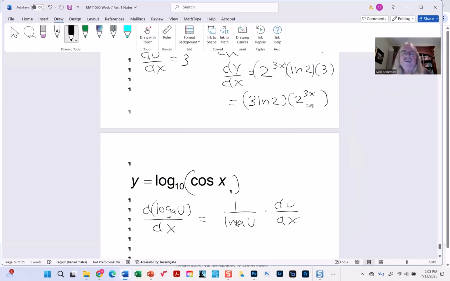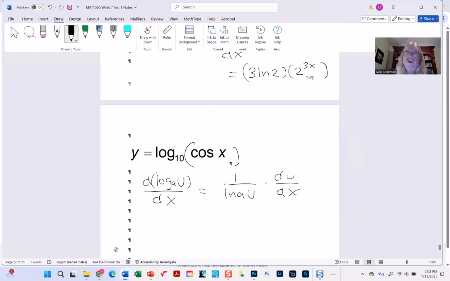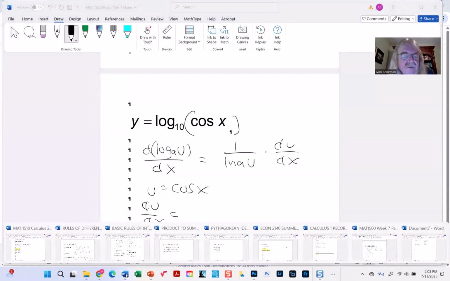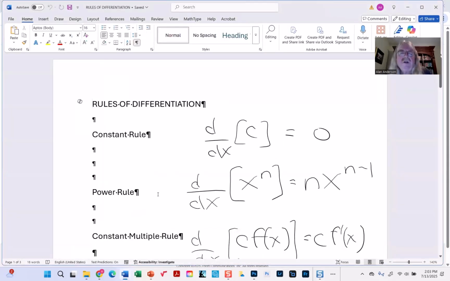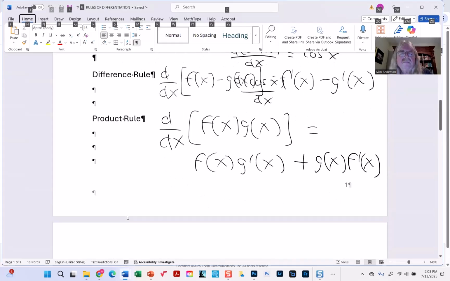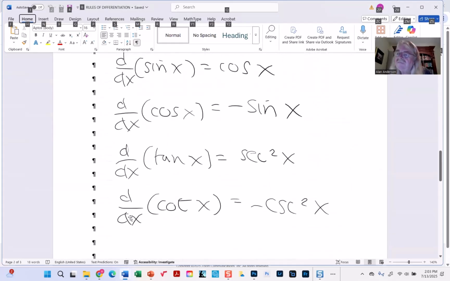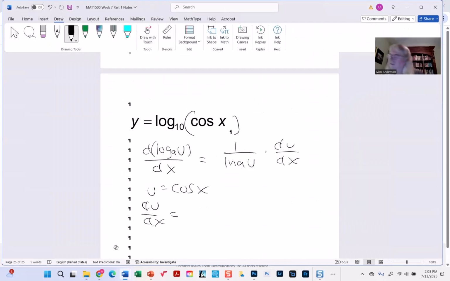In this case, u would be the cosine of x. And if you remember from a few weeks ago, on my table of basic rules of differentiation, the derivative of the cosine is the negative sine. And a, of course, in this case is 10.